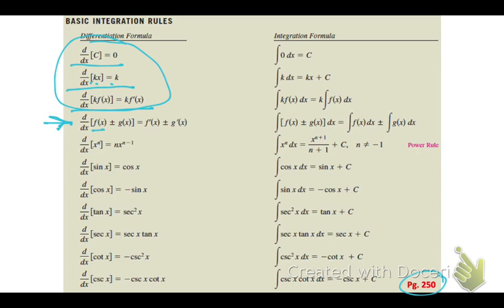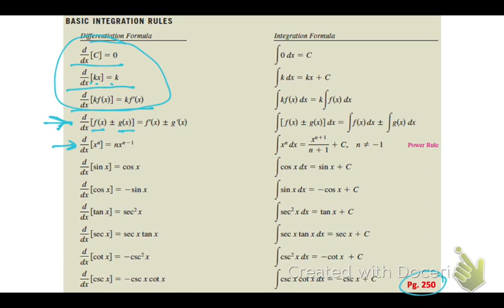It just means the derivative of f plus or minus the derivative of g, right? Just, again, a basic. But then I have the power rule. And then you probably would have on your sheet, it's not listed here because we're not going to differentiate with it right away. But you should have the product rule. I would assume you have the quotient rule. I assume you have the chain rule, and then all of your trig ones. Yes?